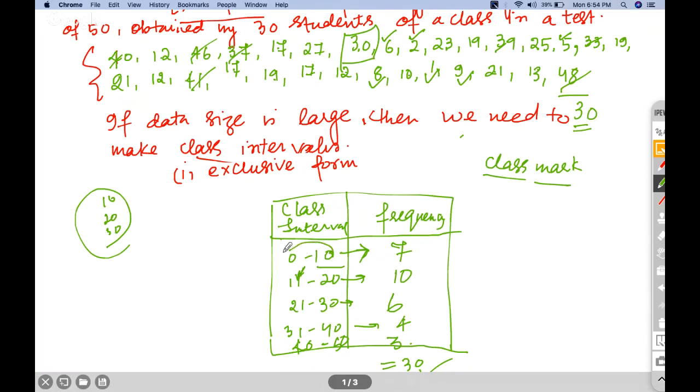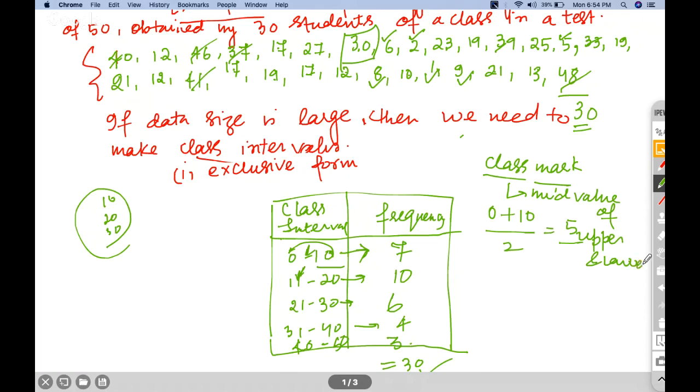Class mark is from 0 to 10. So 0 plus 10 divided by 2 is equal to 5. So here class mark would be 5. What is the class mark? Class mark is the mid value of upper and lower limit.